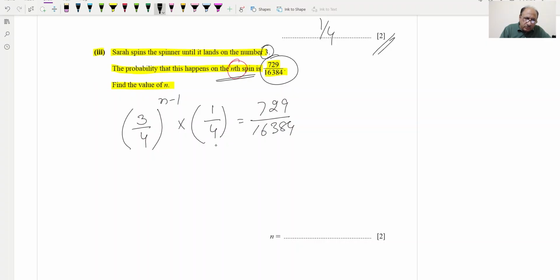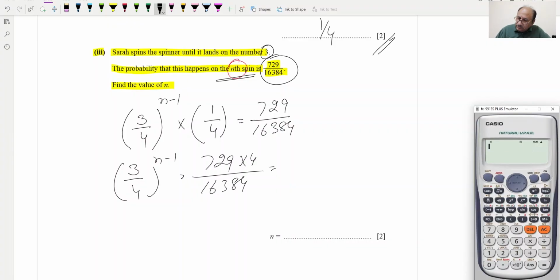First of all, shifting this to the other side, we can shift this 4 to the other side, so n minus 1 will be equal to 729 multiplied by 4 over this will be 16384, and we can simplify this.